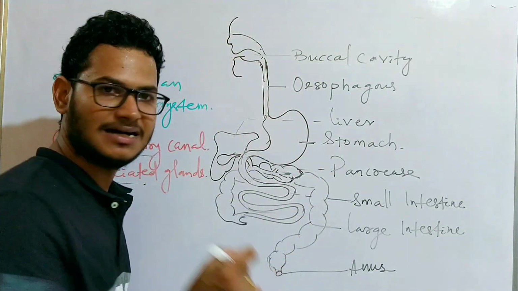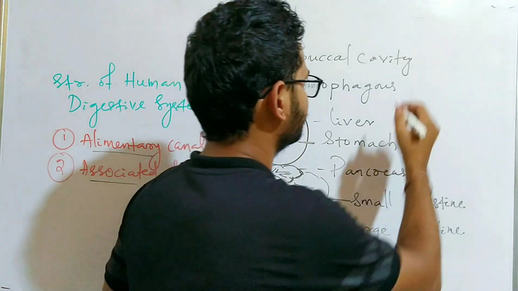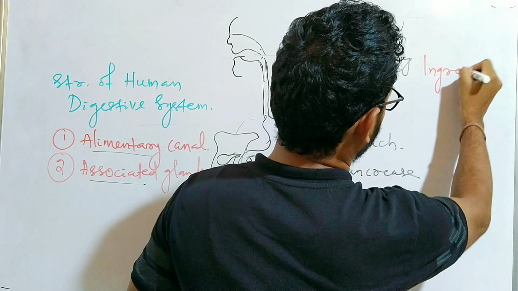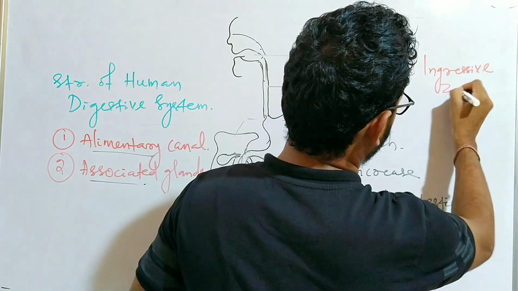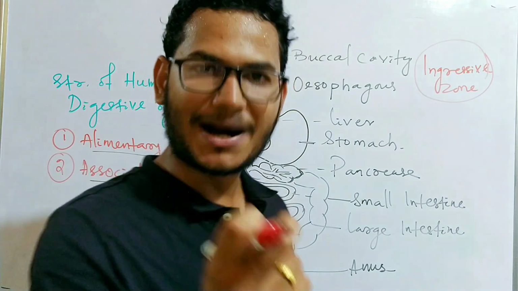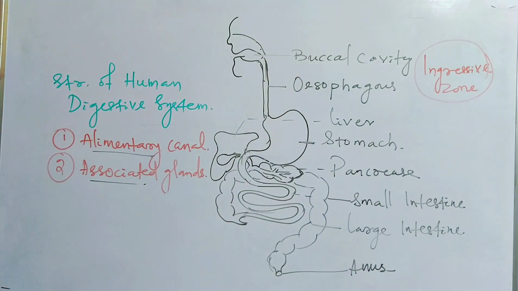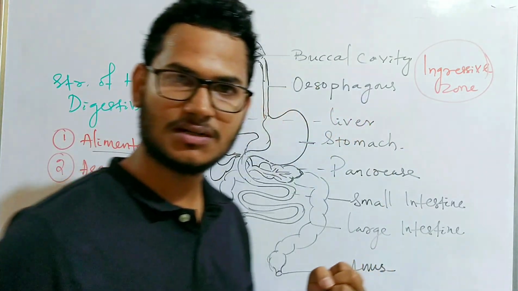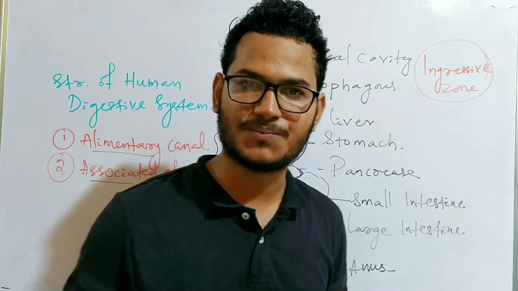So what are the different zones? First, we have the ingressive zone. The ingressive zone means the part of the alimentary canal that is related with the intake of food or ingestion of food.